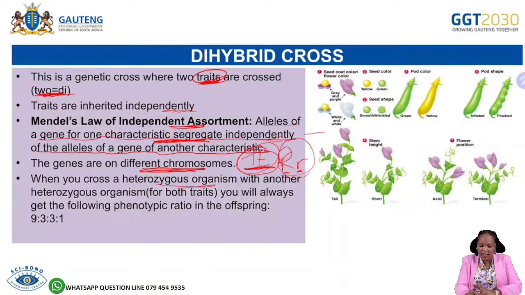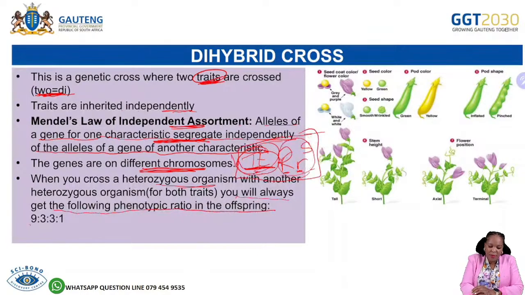So the two characteristics that we can check here are the height and the shape. If they are in a heterozygous state like this and you cross them, you will always get the following phenotypic ratio in the offspring. Your offspring are always going to appear in this ratio: 9:3:3:1.